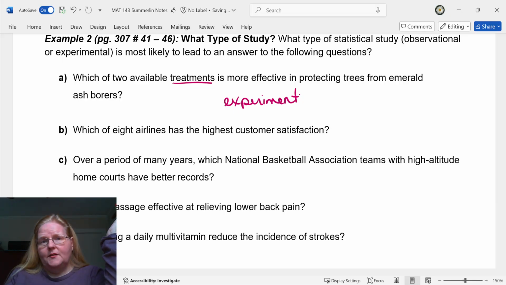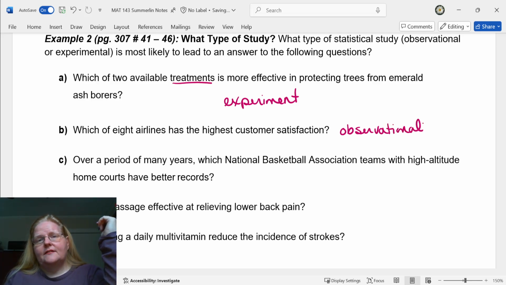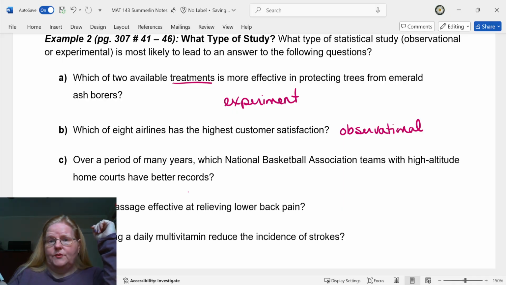So they're asking people which of 8 airlines has higher customer satisfaction. That's going to be observational. Even if they didn't ask people, even if they just looked up results, that would still be observational. They're not trying to influence anybody. Over a period of many years, which National Basketball Association teams with high altitude home courts have better records? That one's observational.